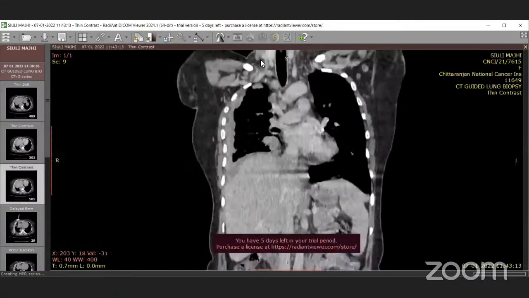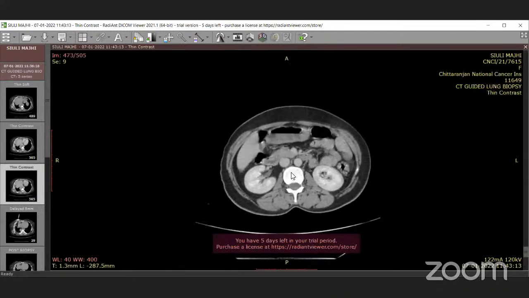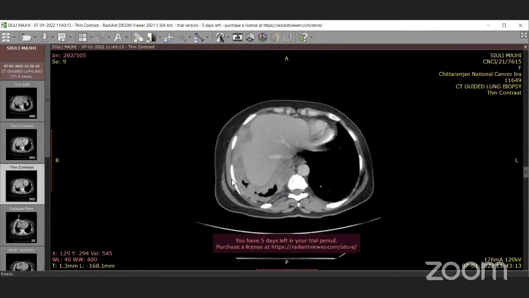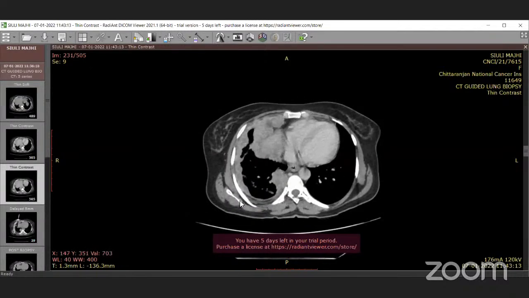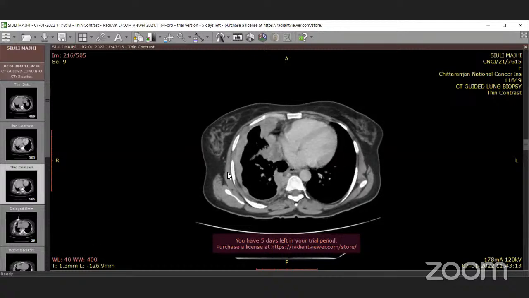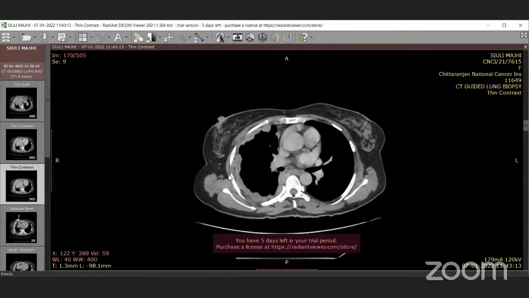Okay, we'll just trace it. We keep tracing it. The muscle goes and inserts on the medial margin of the scapula. This is the serratus anterior. Okay, this one, and that will be all.